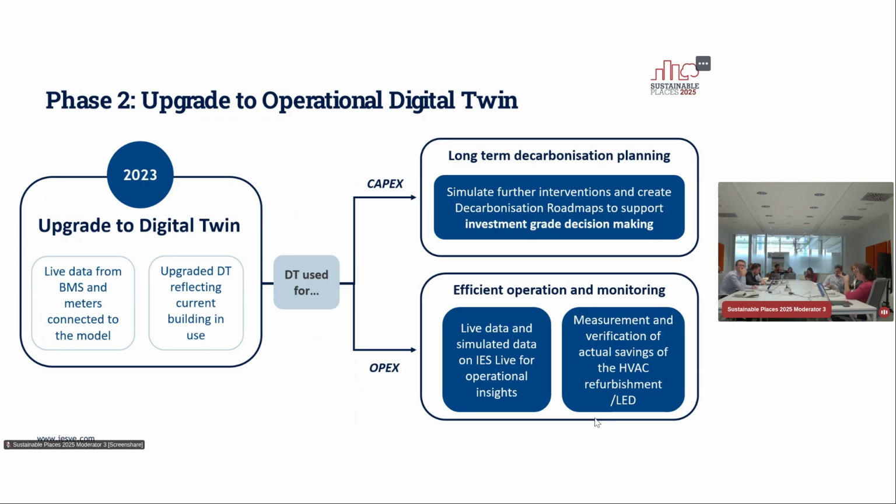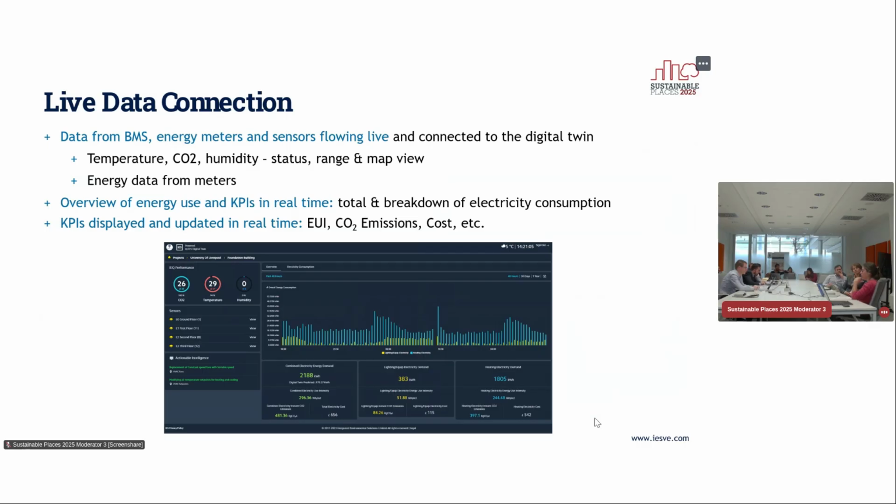We connected all of that information in the model, and now this is being used for efficient operations, monitoring of the renovations, and then to assess the potential additional interventions and create a decarbonization roadmap. So this is a screenshot you can see here of the overview page in IS Live of that data connected in for this specific project.